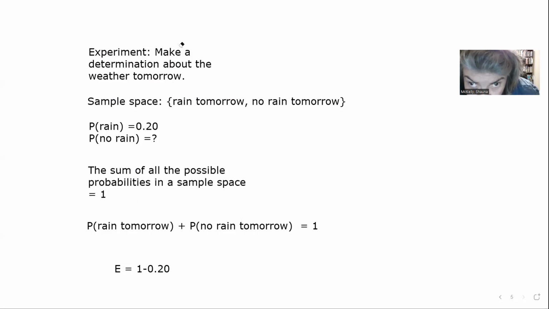So here, this is going to be 0.2 plus, I'm going to write it like this, plus the probability of E is equal to 1, right? And so here, I'm going to sneak it in. So we get 0.8 for that, okay? 1 minus 0.2 is 0.8.